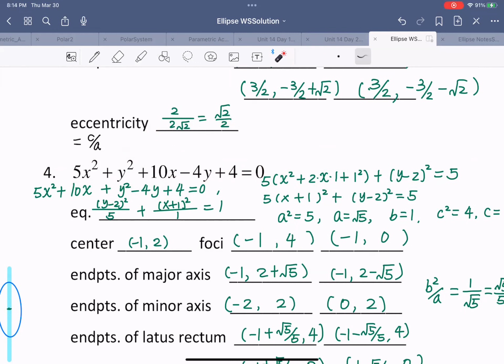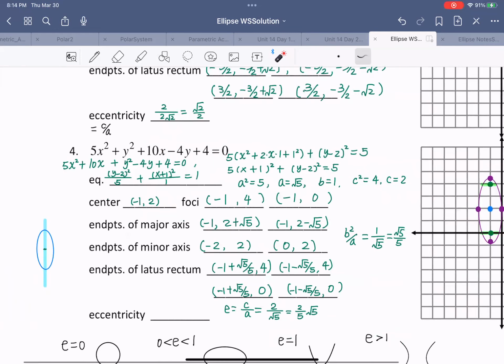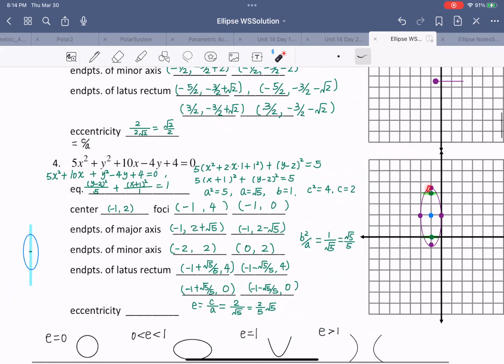For the small shift, I think I'm talking about this. You have this ellipse, and I already said who is greater, who is major. This 5 means a is square root 5. So this a is greater than the 1. Under the x is 1, under the y is square root 5. So of course, it's going to be a vertical direction.